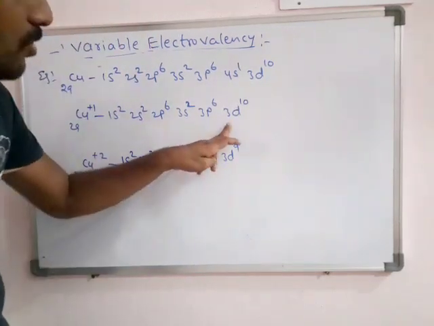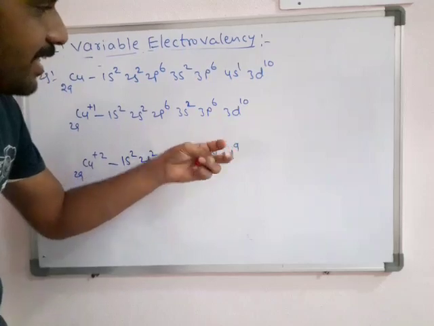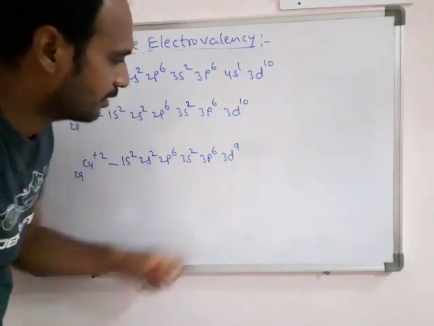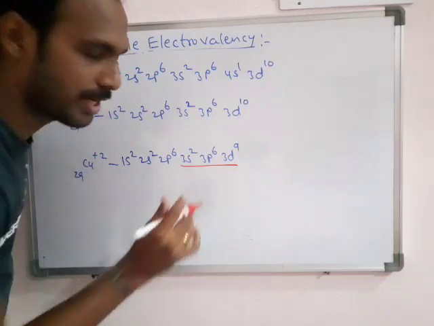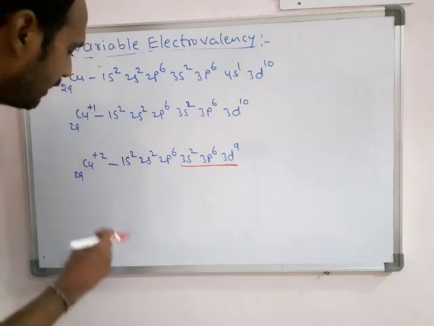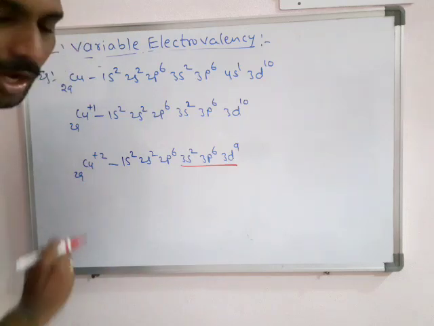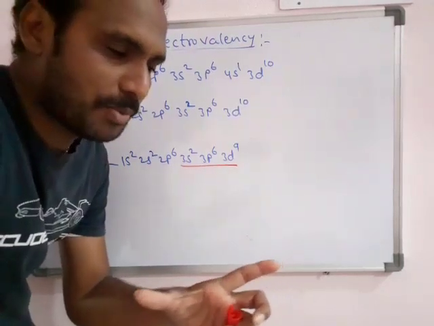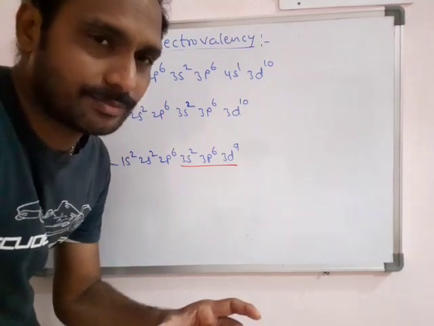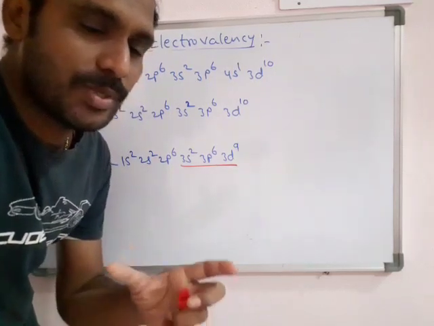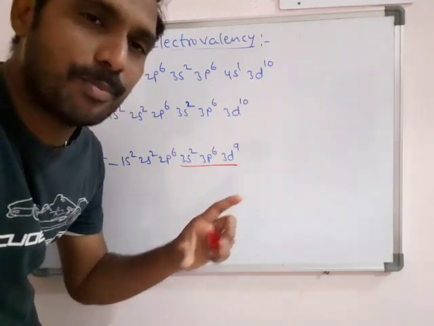So here the 10 electrons are not exactly held by the copper nucleus, whereas this configuration becomes somewhat suitable to hold all the electrons strongly by this ion. So here we are not generalizing, we are not saying this is the rule for all compounds. Okay, we are not giving a generalization rule. We are just explaining the specific compounds separately.